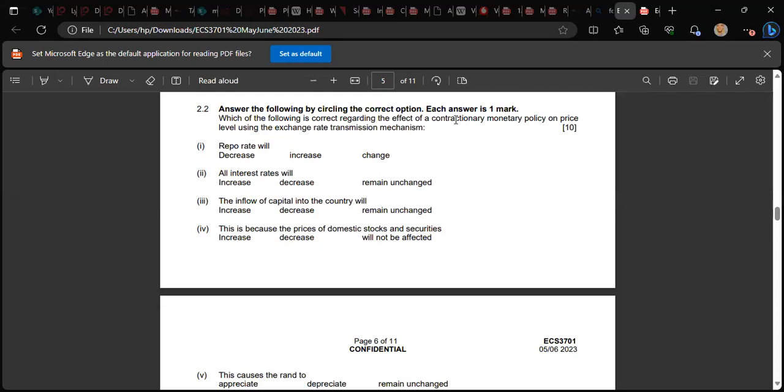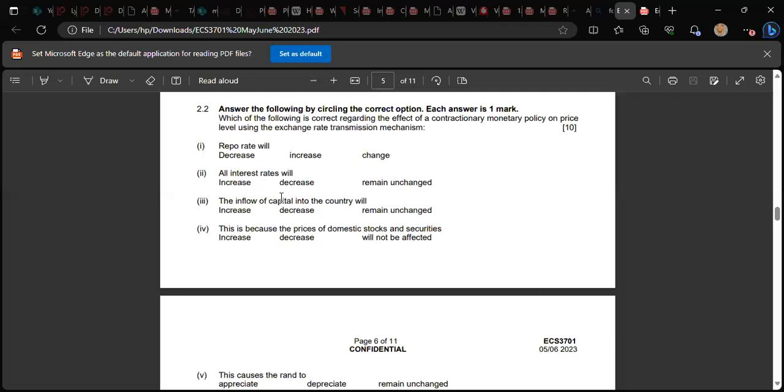Because primarily, a contractionary monetary policy is first going to affect the repo rate, and by increasing the repo rate, all other interest rates are going to move in that same direction. But what effect is this going to have on capital flow?